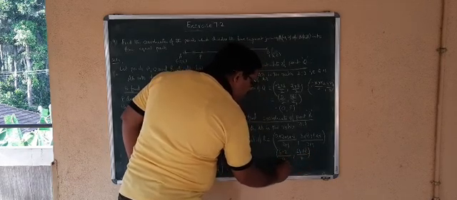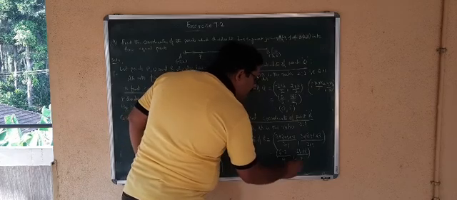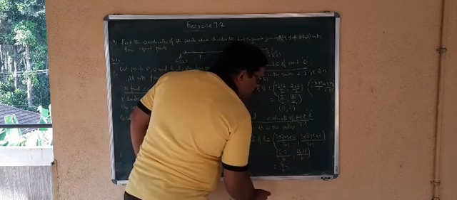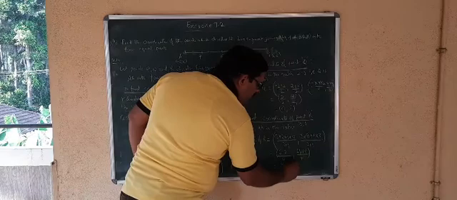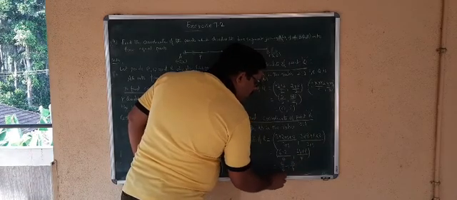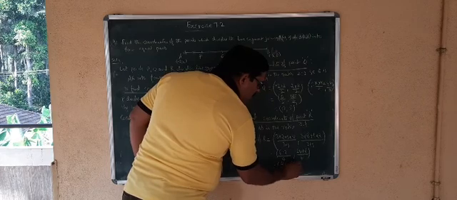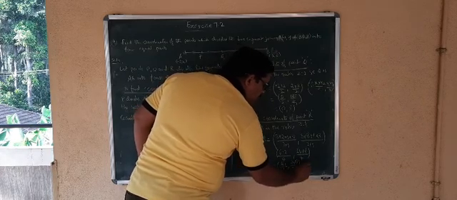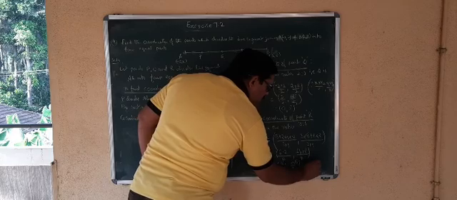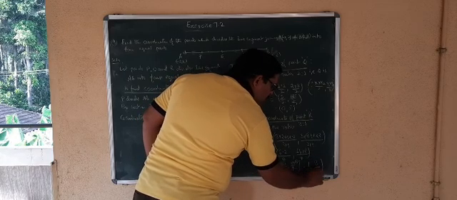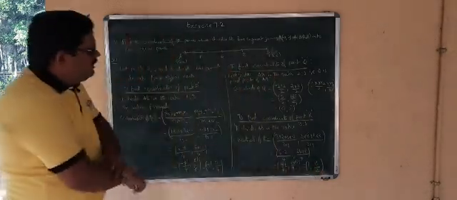So it is 4 by 4 comma 26 by 4. So it is 1 comma 13 by 2 is the coordinates of point R.